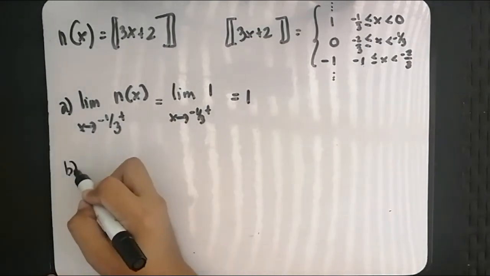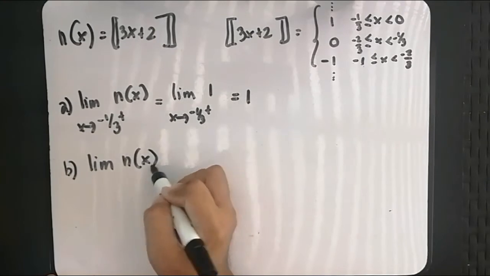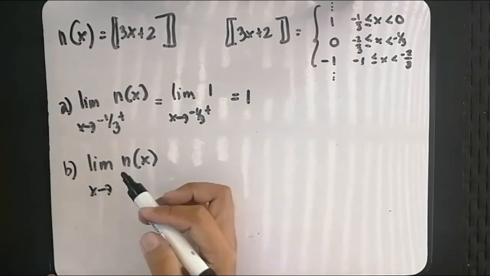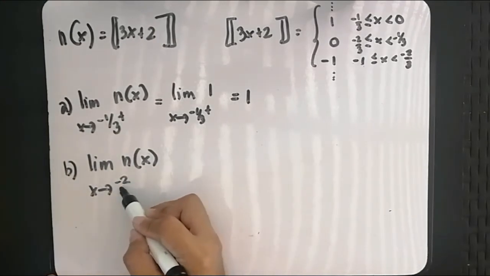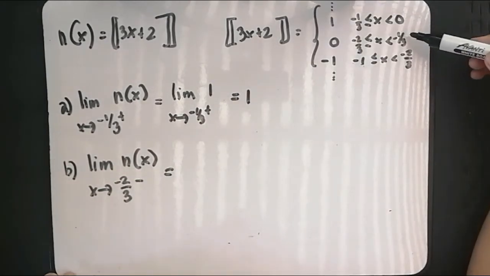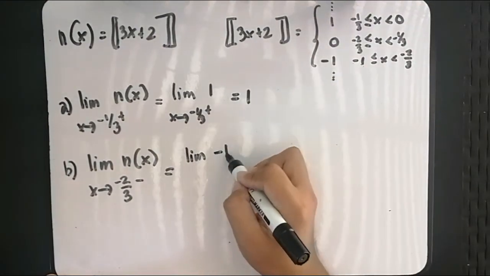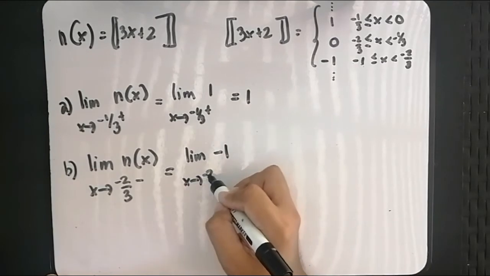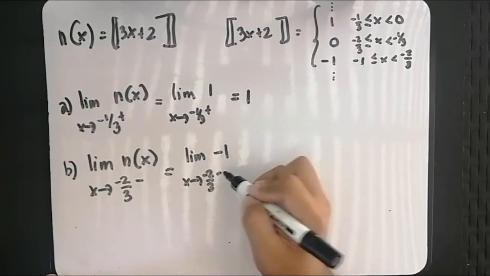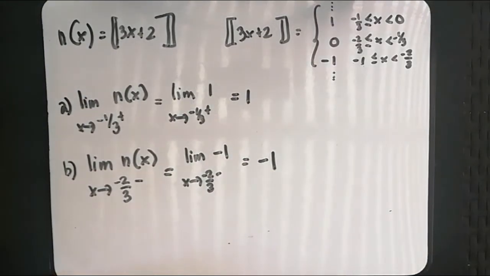For letter B, we have the limit of n of x as x approaches negative 2/3 from the left. Okay, hanapin naman natin nasan yung x is less than negative 2/3. Ito, negative 1. So the limit of negative 1 as x approaches negative 2/3 from the left is equal to negative 1.